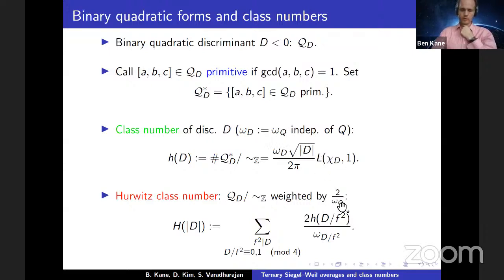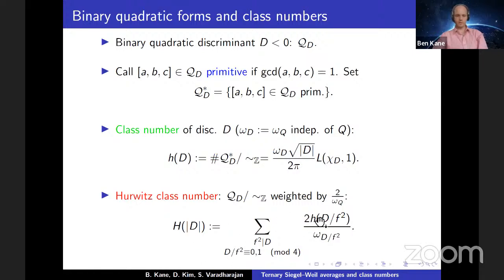Sorry, omega q is 2 because you can always multiply everything by -1. But other than that, there usually isn't anything else for most discriminants. And it turns out that omega q, the number of these isometries from the form to itself, for binary quadratic forms only depends on the discriminant. And it turns out to be natural to weight things this way.